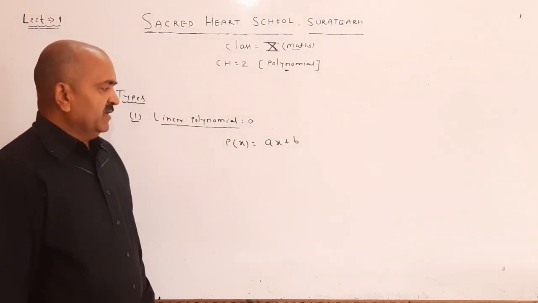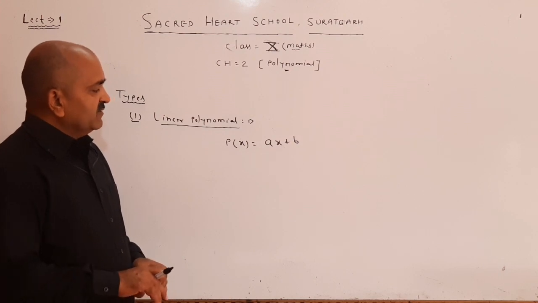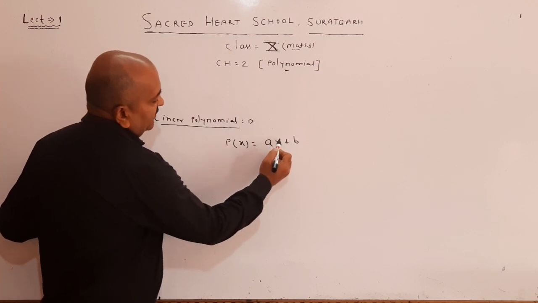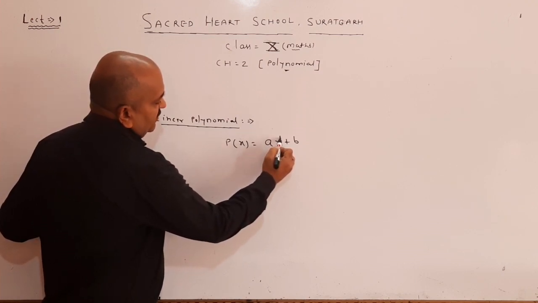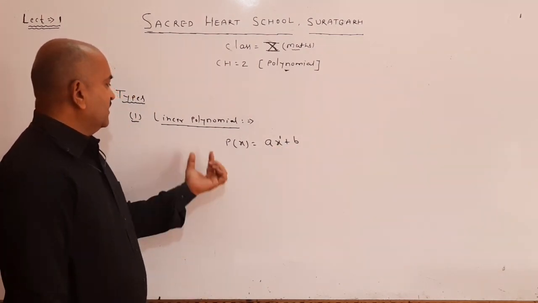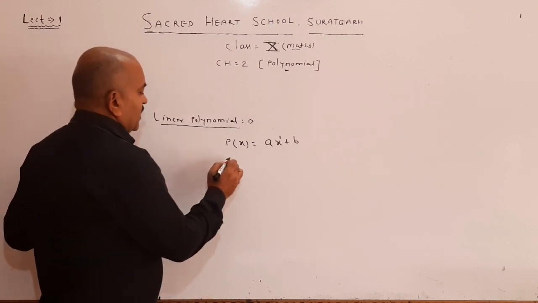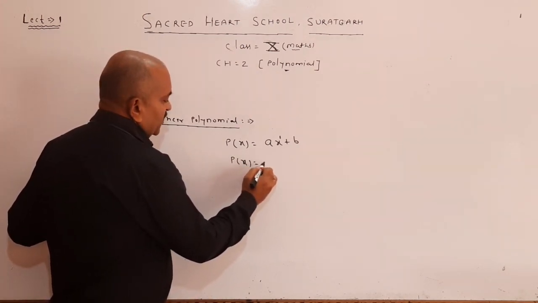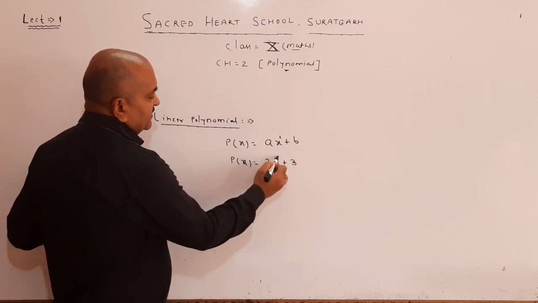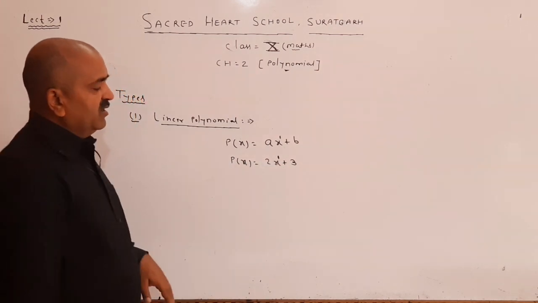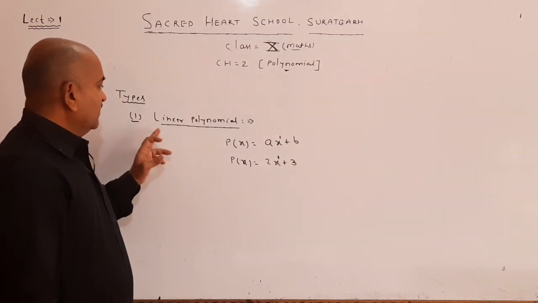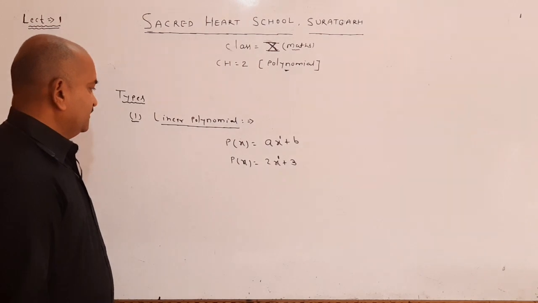This is a linear polynomial because the power of the variable is 1. Another example, p of x equals 2x plus 3. The highest power of x is 1. So if the power of the variable is 1, then we say that expression is a linear polynomial.